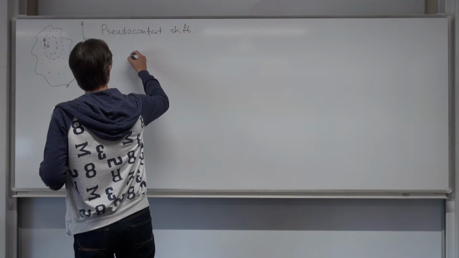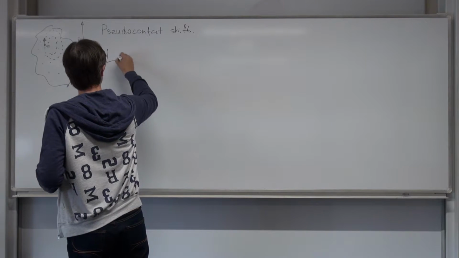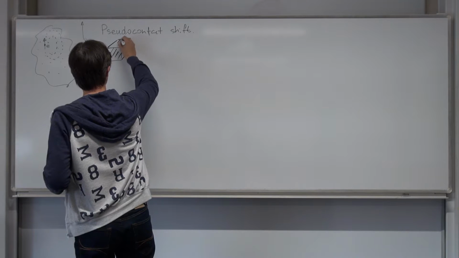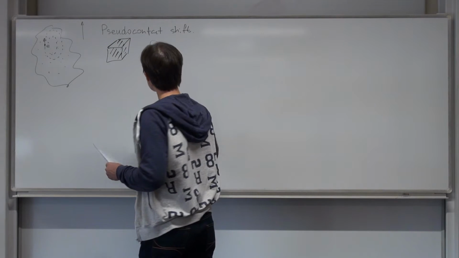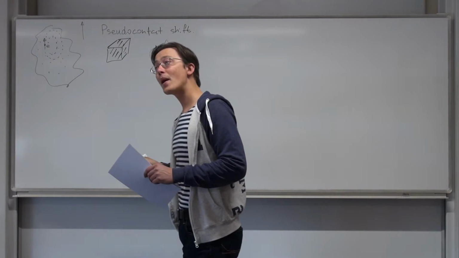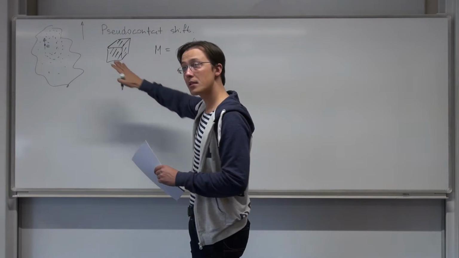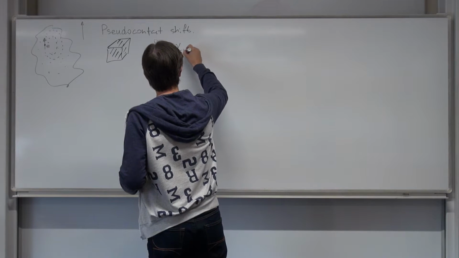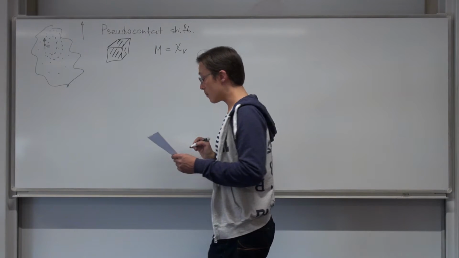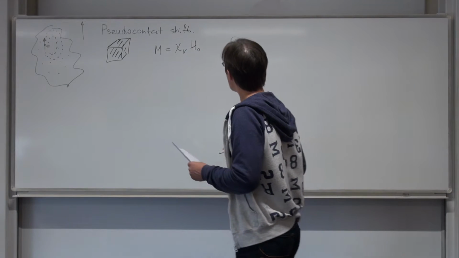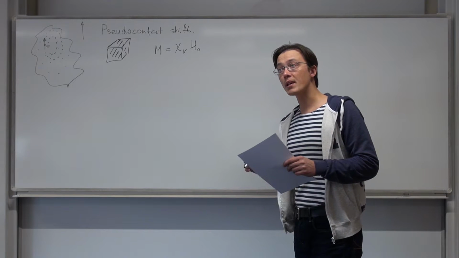So, in a bulk substance, if we have just a cube of something extending to infinity in every direction, as you remember from your classical electromagnetism, the bulk volume magnetization of the substance is a quantity called volume magnetic susceptibility times the quantity H naught, which is the original magnetic field.